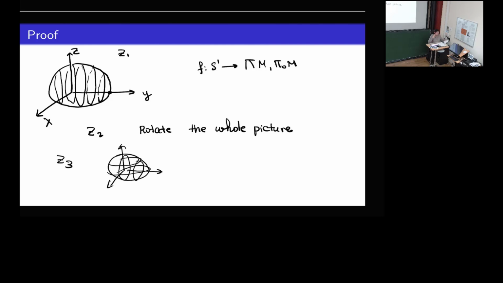Now we have a map from this round S2 to M, and those cycles induce cycles on M.